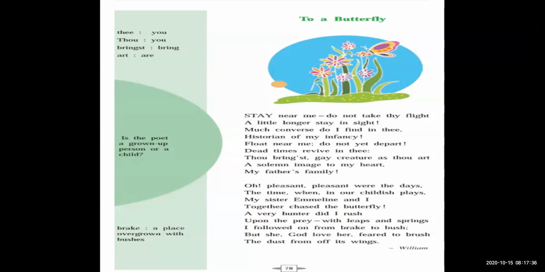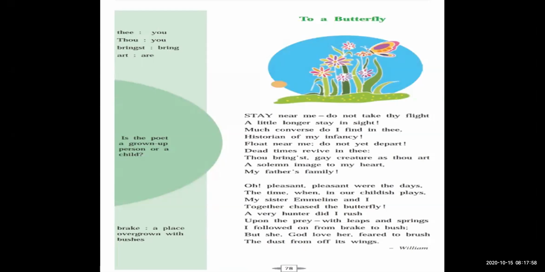What do we see in this picture? A butterfly is sitting on a yellow flower, and the poet said that do not depart from this place. These butterflies are very colorful, attractive. A little longer stay in sight.